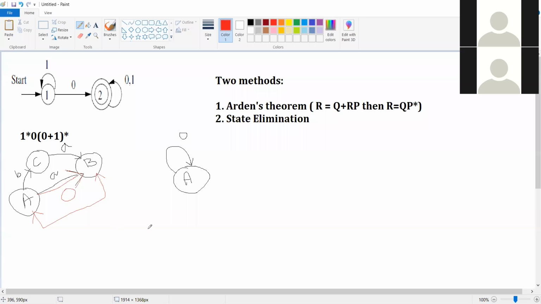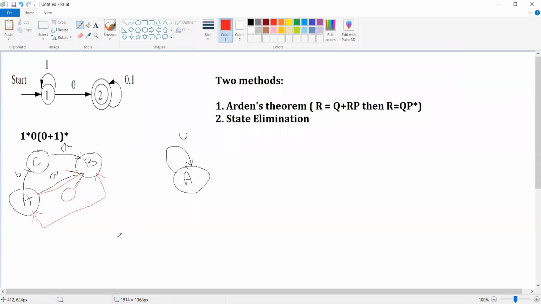Whenever I have 0 intermediate nodes, that is what we call R power 0. And where am I starting my transition? Starting from A, and ending at B. So we write it with a subscript, R power 0 AB.